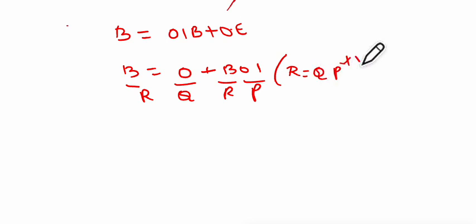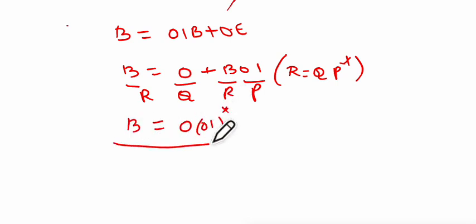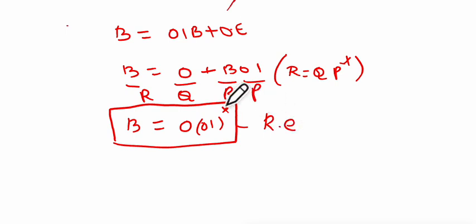Now we transform this equation: B equal to Q P star, where Q is 0 and P is 0 1. So this is the final required regular expression for the given deterministic finite automata. This is the regular expression for the given DFA.